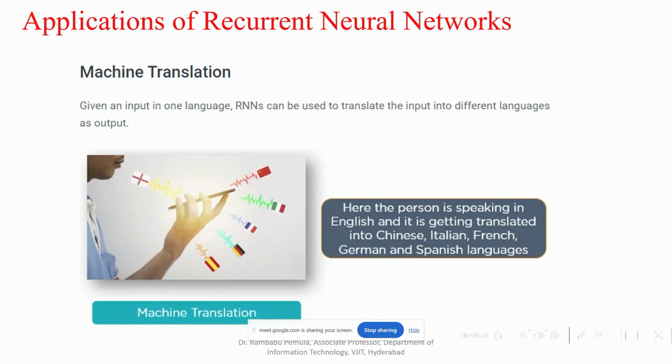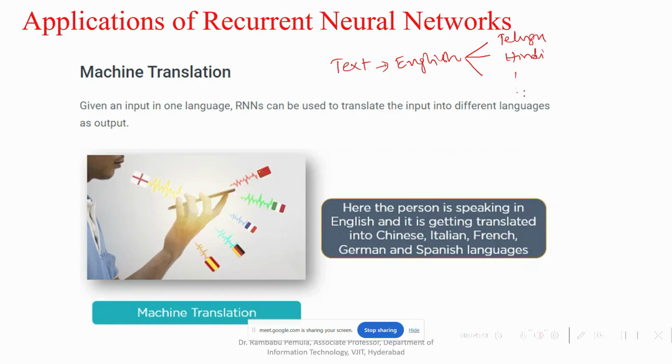Then there are different types of translators, like Google Translate. Suppose you are typing a text message in English, like, are you okay? Automatically Google is going to convert that content into multiple languages at the same time. It may be in the form of a voice or text, in different languages like Telugu, Hindi or Spanish.